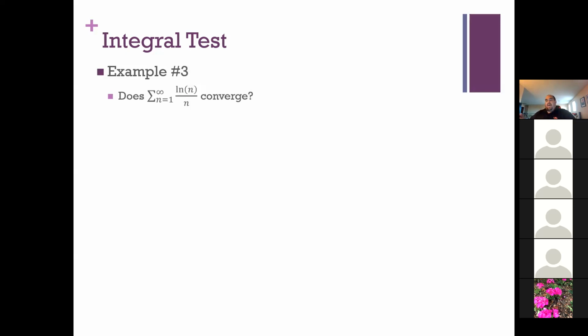So in order to find this out, what can I do instead? I could write out a few terms in the series. First term's going to be 0. Then natural log of 2 over 2. Then natural log of 3 over 3.